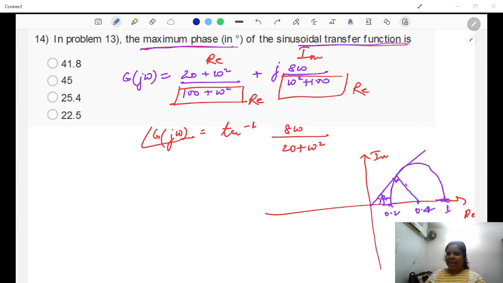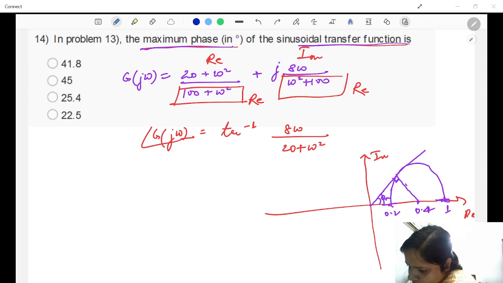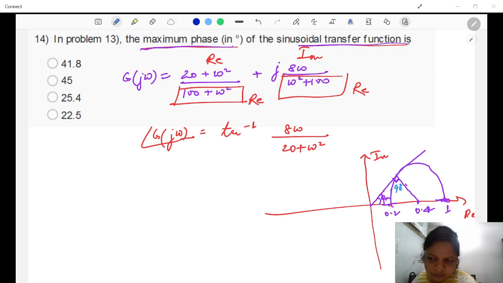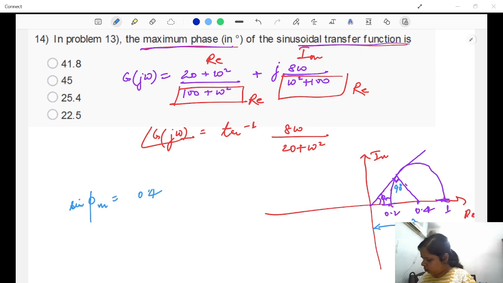Now, when this is a tangent to the circle, this is 90 degrees because it is a tangent. Then it is perpendicular to the line joining the periphery of the circle to the center. So you can find out that sine of this phi m is 0.4 divided by the hypotenuse, sorry, have I made some mistake?